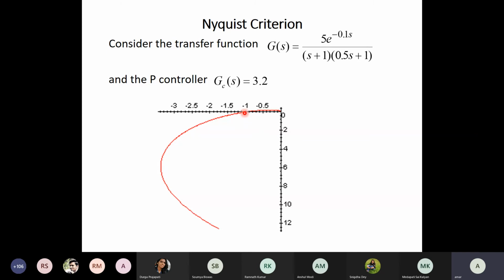So the system is on the stability limit, which means the system response will continuously oscillate with constant amplitude. If GC is less than 3.2, it will not encircle the point; it will go through this. If it is more than 3.2, let's say 3.4, then it goes like this. So based on this Nyquist criterion, we can find out the stability limit.